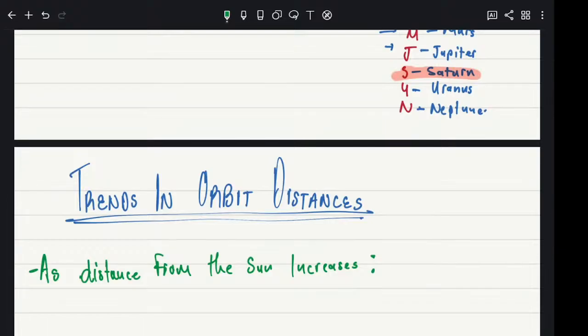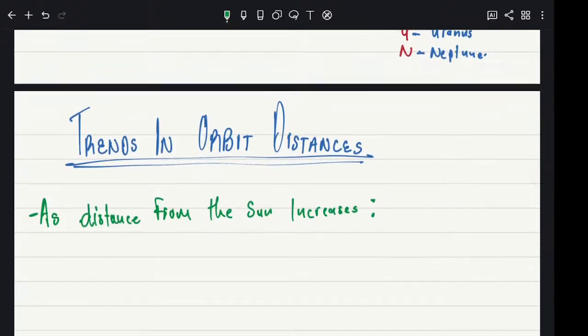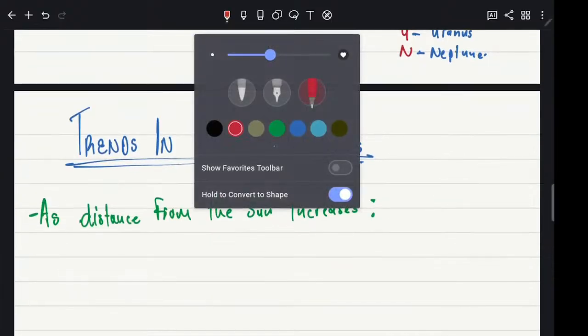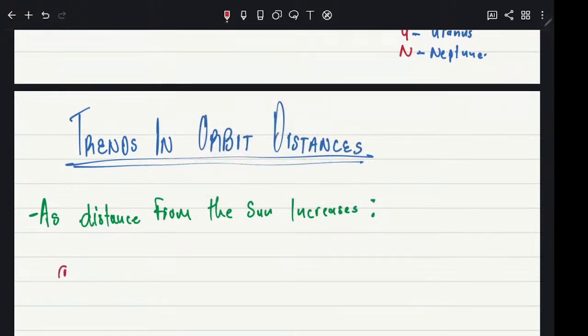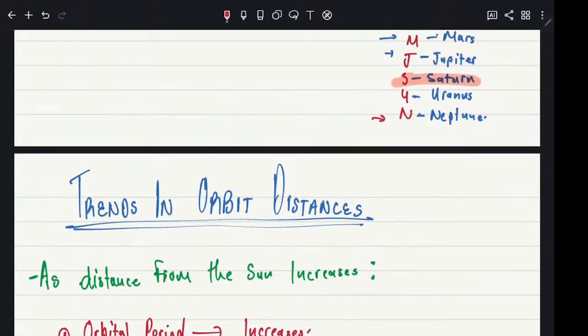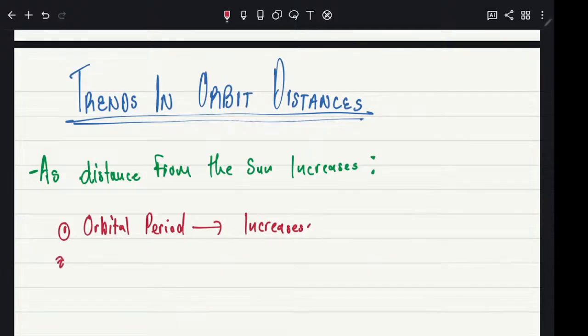What do we expect to see? Let's look at it. Number 1, orbital period. Period is the time it takes to go around the whole thing. It increases. So definitely, we know that Neptune takes longer than Saturn to go around the sun. What about the speed? We know that they are traveling a greater distance.